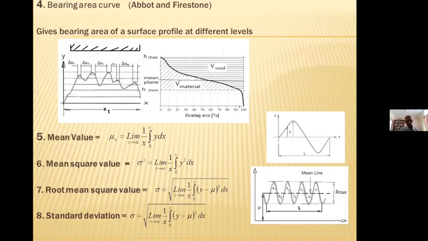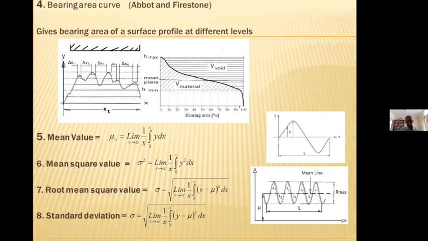Then we have mean square value, which is also another statistical parameter. Here, instead of y, we take y squared dx, because this has some implication of the distribution. So we integrate y squared dx 0 to x, 1 by x, in the limit x tends to infinity.